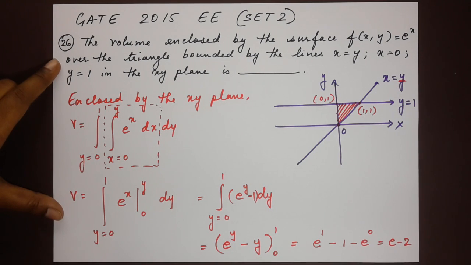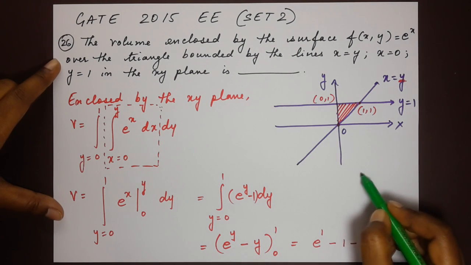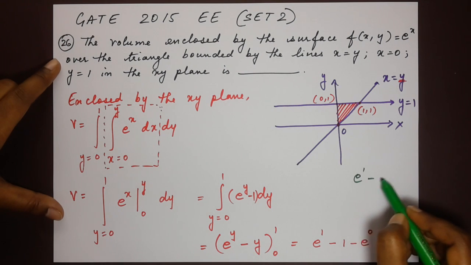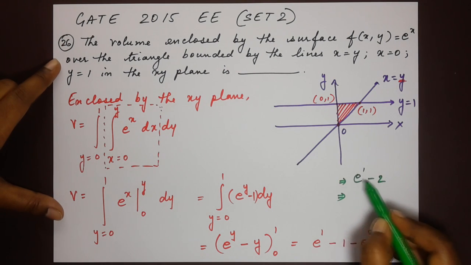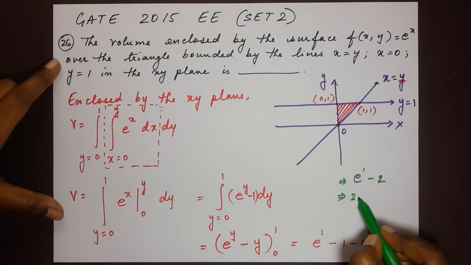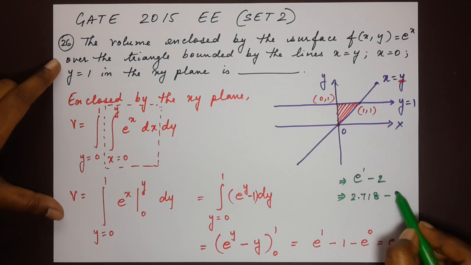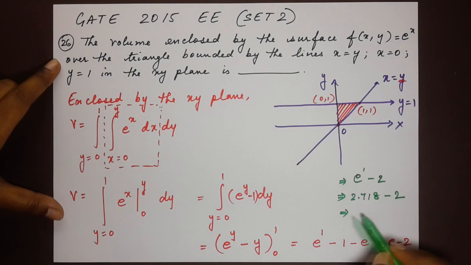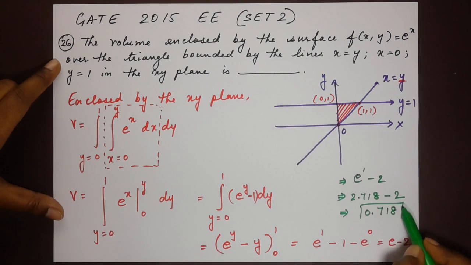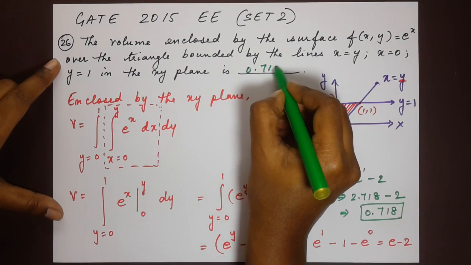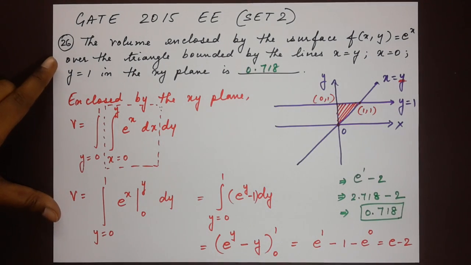Now if you put down the value of e, which is 2.718, solving this further, you would get the value 0.718. So this is our volume enclosed by the surface. 0.718 is the final answer.